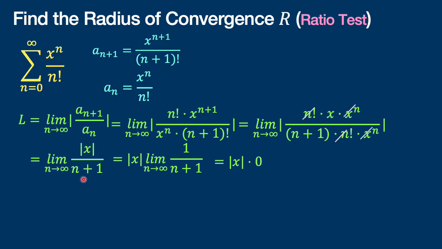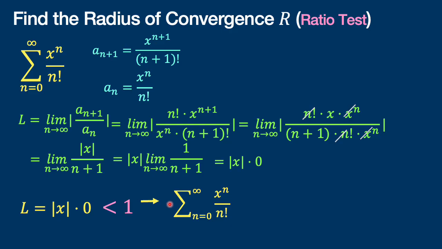Based on the ratio test, the L value is always 0, which is always less than 1. No matter what x value, this series is gonna converge for all x. In other words, R is gonna be infinity. We studied three different radii of convergence: R is 0, R is infinity, and R is between 0 and infinity.